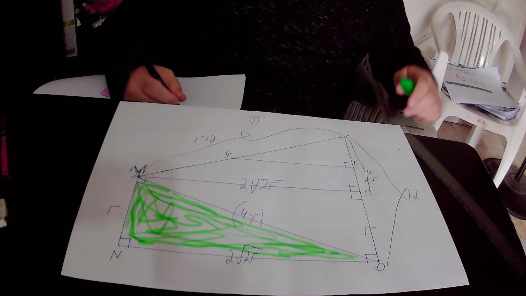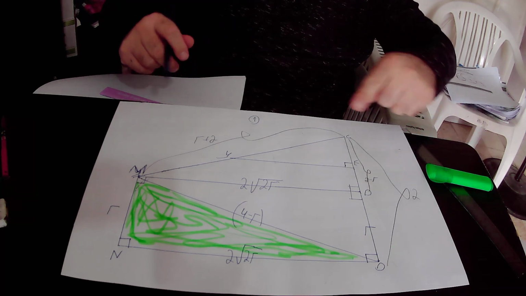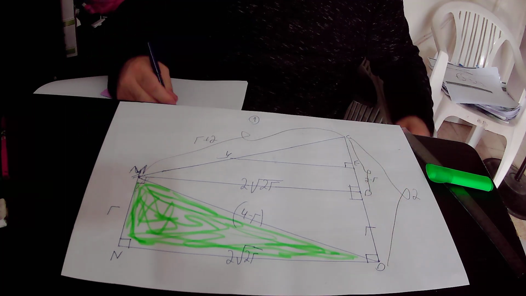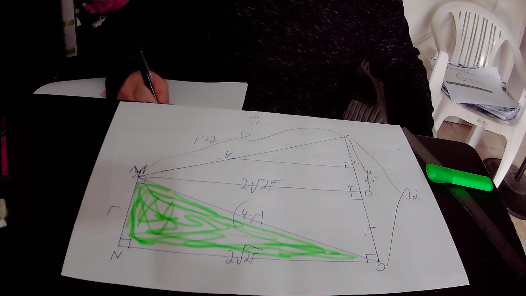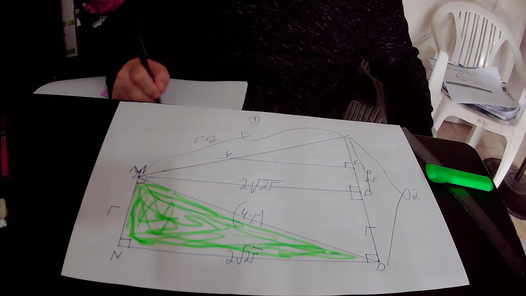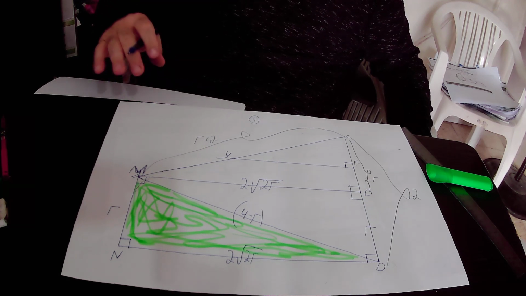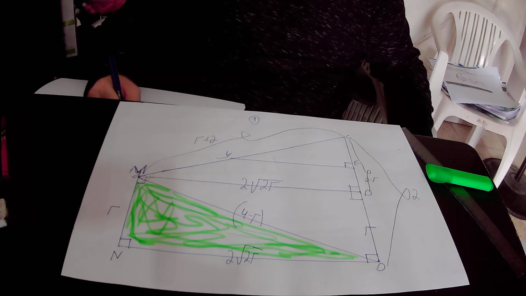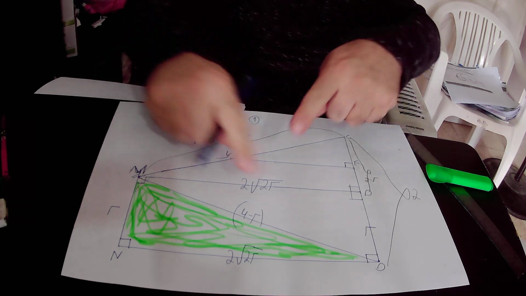The square of the hypotenuse is MO square. MO square equals the sum of the squares of the perpendiculars, equals MN square plus NO square.